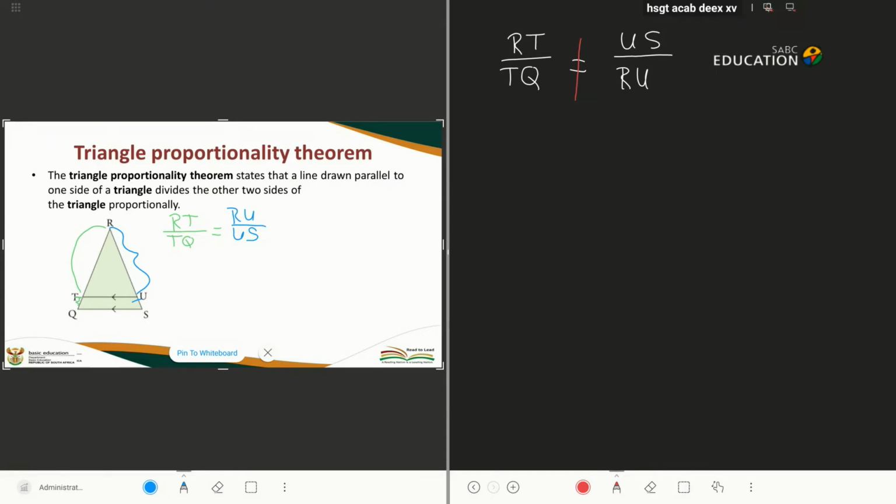You are allowed to start with the smaller section; you don't have to start with the longer one. So you can say TQ divided by RT will be equal to US divided by RU. The order is important: if I use the small section at my numerator and the bigger section at my denominator for the first side, I have to do the same for the second side.